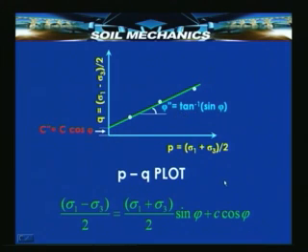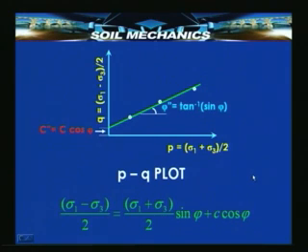It is very simple to show that this intercept will be nothing but c cos phi, that is the constant in the linear equation, and the angle will be nothing but an angle phi double dash, tangent of which must be equal to sin phi, which is the slope of this linear equation.